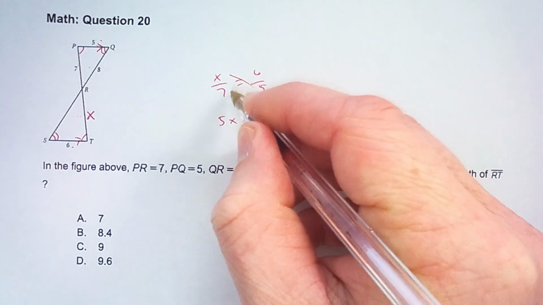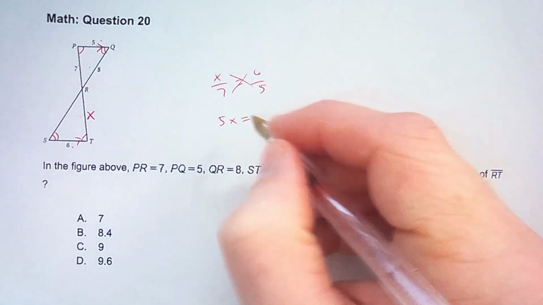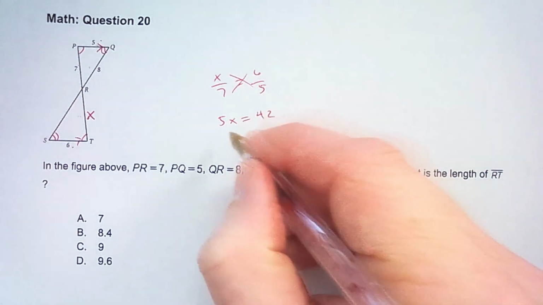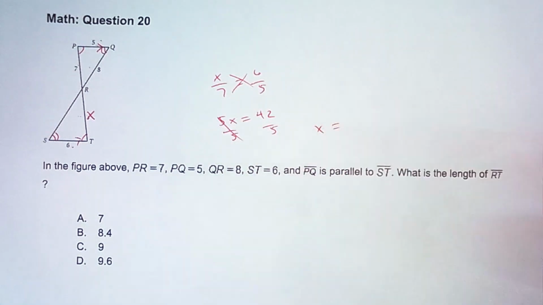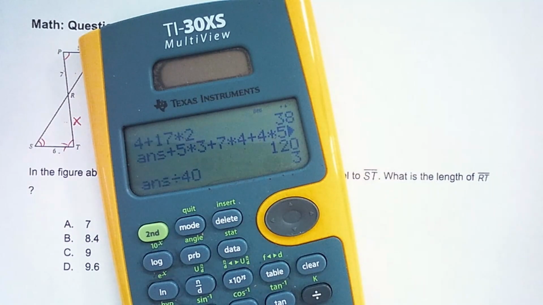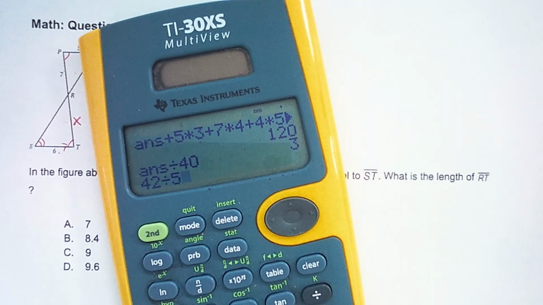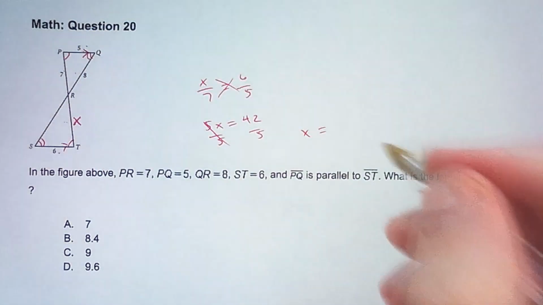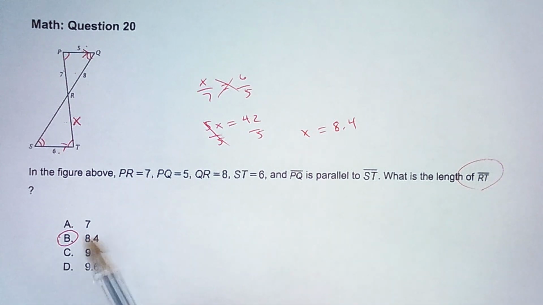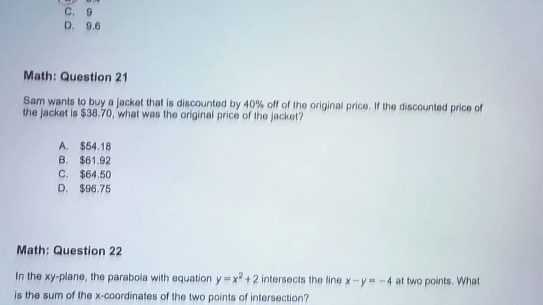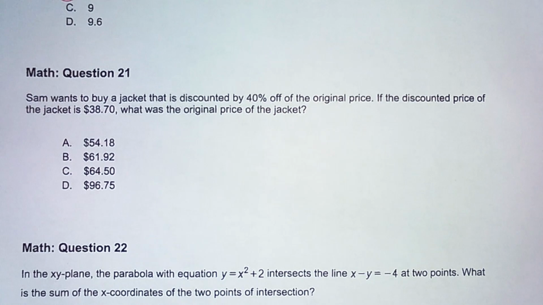Okay, and now I'll use cross products. 5x equals, and then 7 times 6. 7 times 6 is 42. And we will divide by 5. So x equals 42 divided by 5 is 8.4. Okay, so the length of segment RT is 8.4.